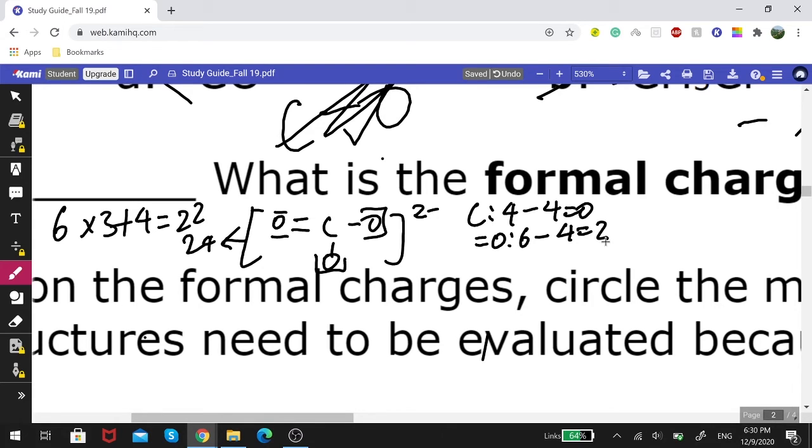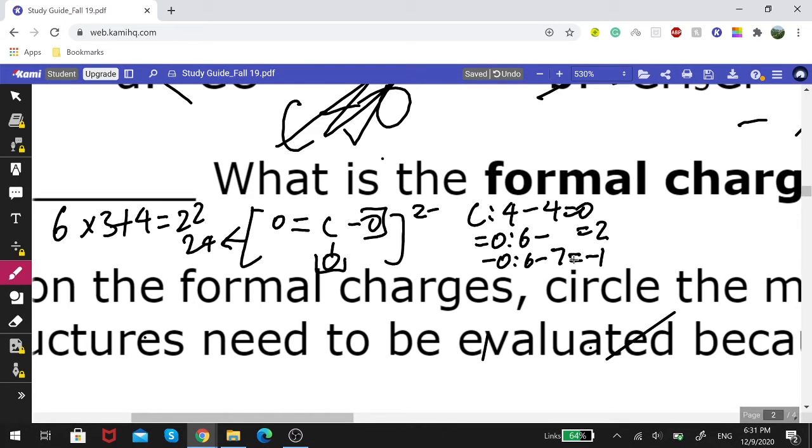And then finally our single bond O, which has 6 valence electrons minus 1, 2, 3, 4, 5, 6, 7 things around it, which equals negative 1. Oh, my bad. So here's the thing you have to be careful of.